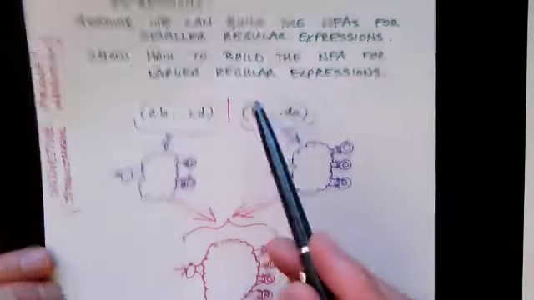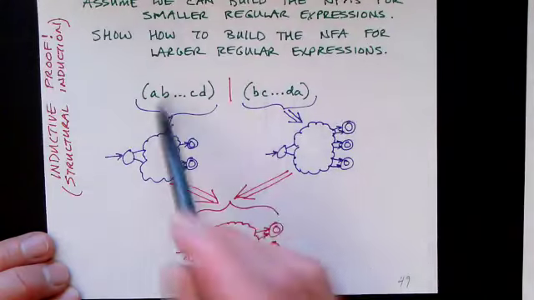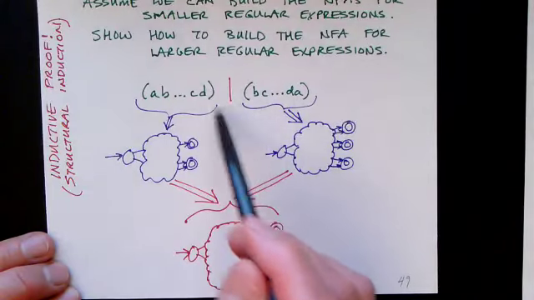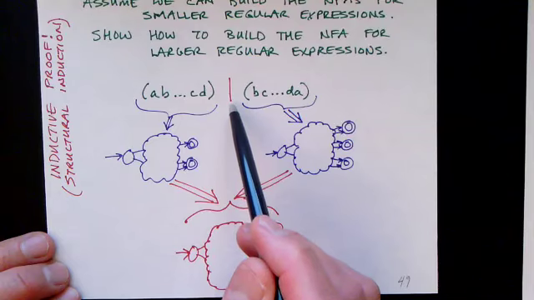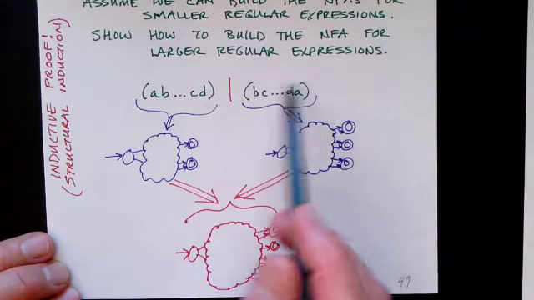Here's an example showing the idea of this construction. Let's say you've got some regular expression with some outermost operator. In this case it's union, but it could be concatenation or the star operator.